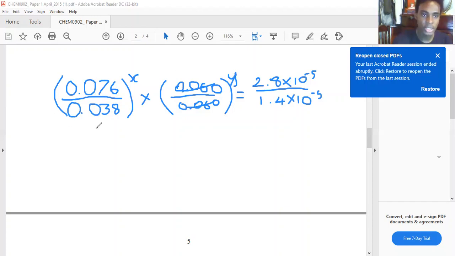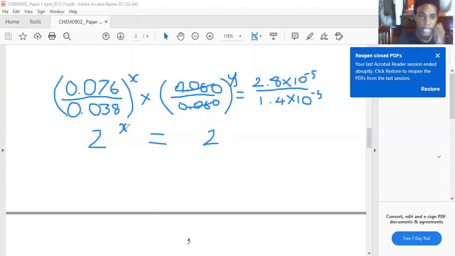So the answer for this now would be 2, right? Maybe 2 here. Okay, then you have this 2 here equals 2 over this side. Okay, right? And remember now, this is the order of the reaction here, and this is what we're trying to find, x, right? So what we need to do is get x by itself.